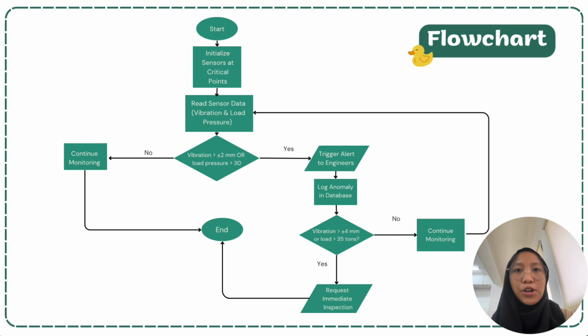After logging the anomaly, the system checks for more severe conditions: vibration exceeding 4 millimeters or load pressure above 35 tons. If no, the system returns to continue monitoring, and if yes, it requests an immediate inspection for further investigation. Then we're at the end of the process.